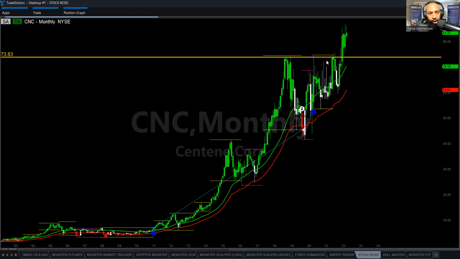But if it starts breaking out again, new buyers making new highs on the monthly time frame, there is no resistance up here. This stock could go to 400, it could go to 300. That's where we need those fundamentals.